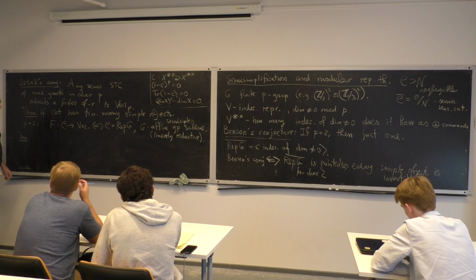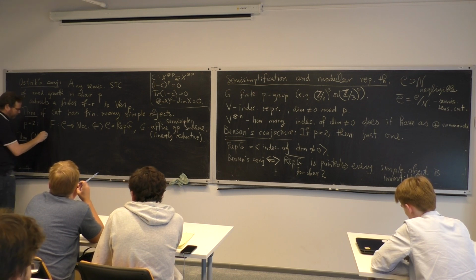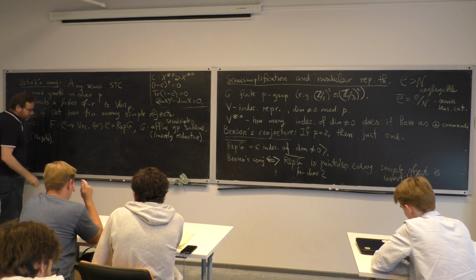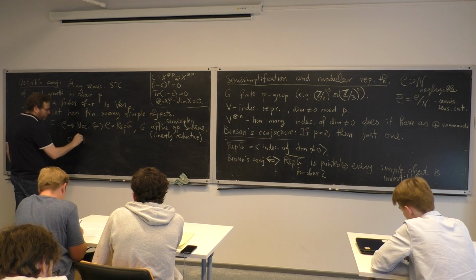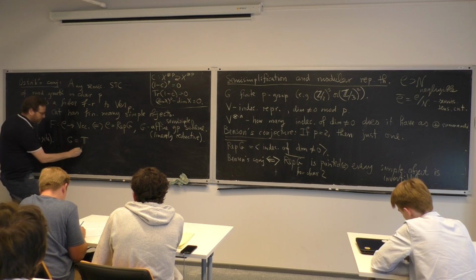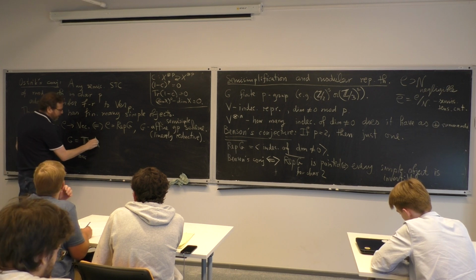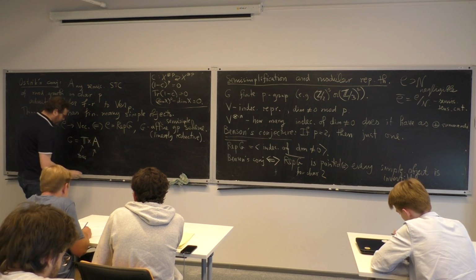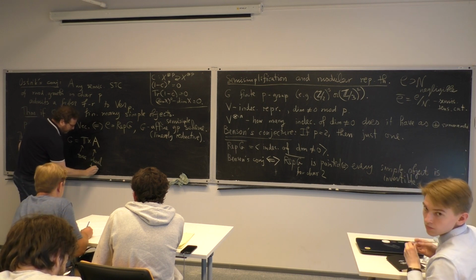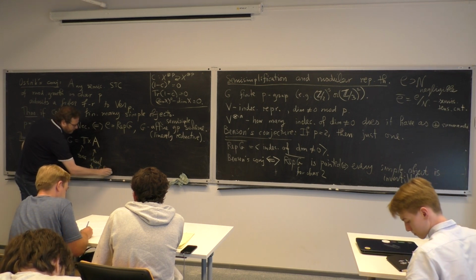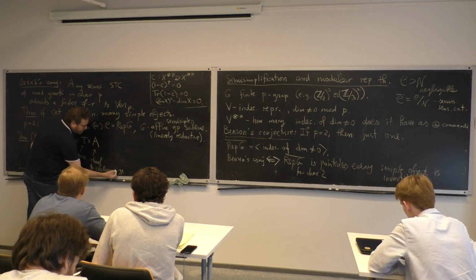So the theorem is the following, that I think is due to Nagata. It's an old theorem, and it says that a semi-simple group scheme looks as follows. You have a torus, and then you take the product with A, which is a dual scheme to an abelian p-group, for any p.